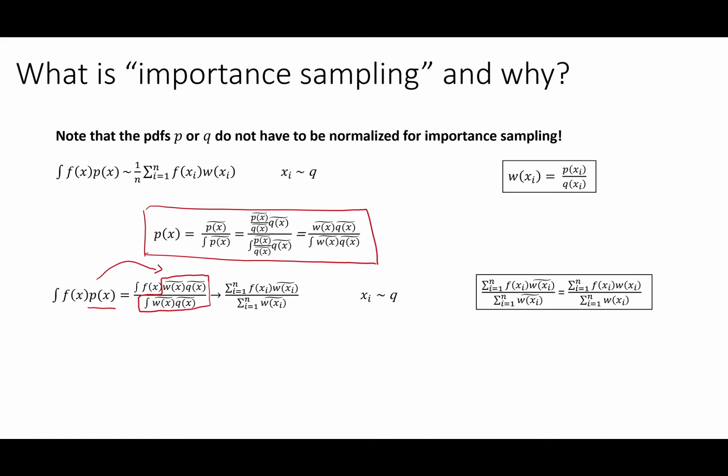Before we get to that, there's also another formula for doing importance sampling, and this formula demonstrates a very nice thing: the probability density functions, the p and q, do not have to be normalized for importance sampling, because the normalization constants will cancel out.